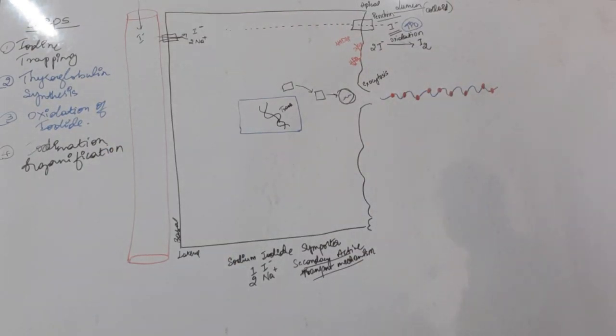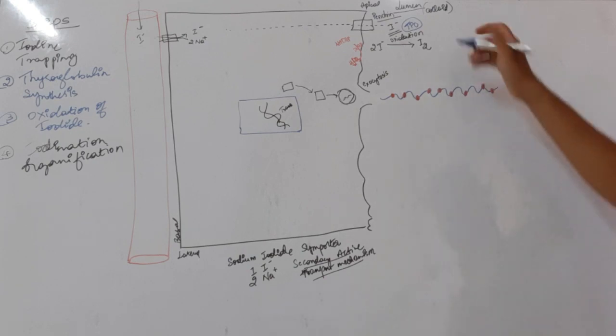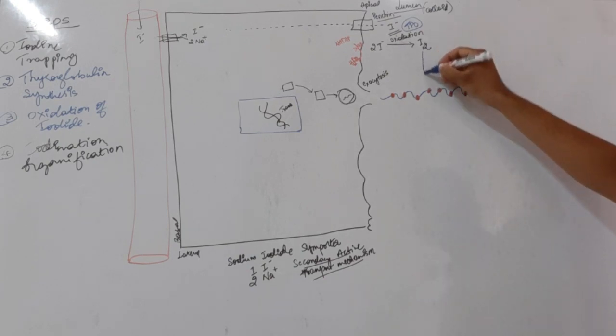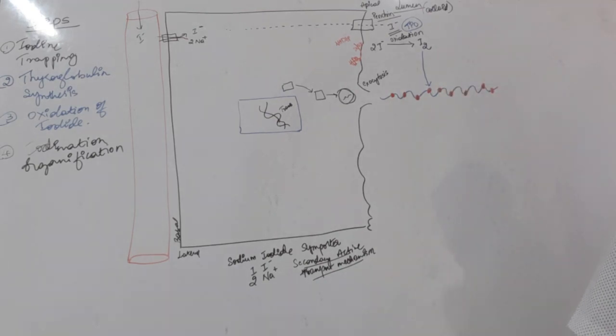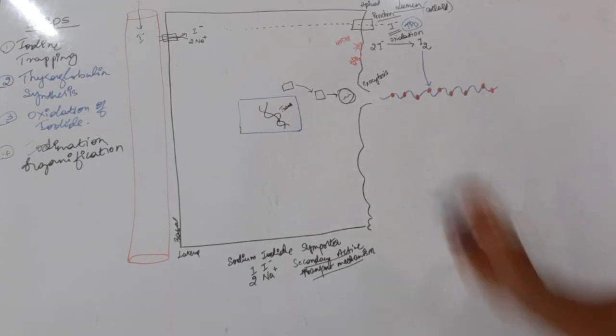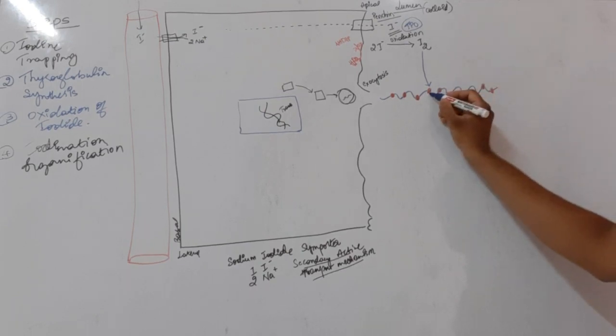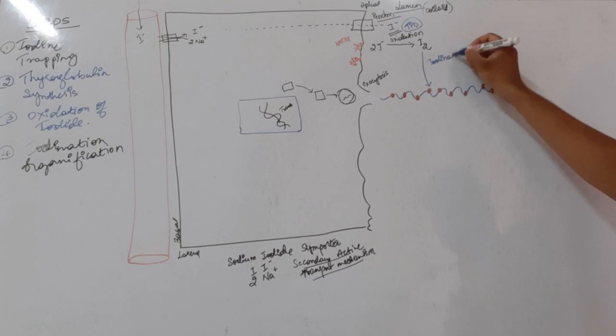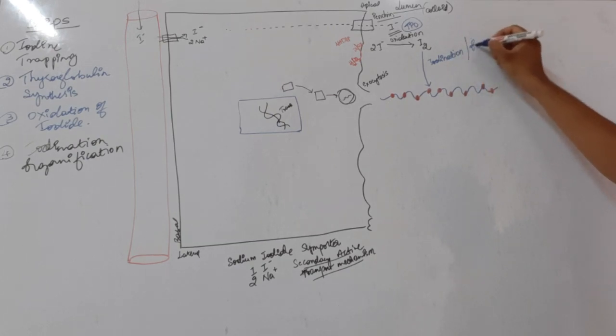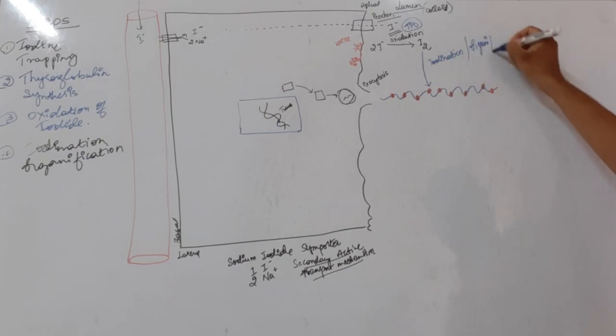That is, there will be binding of the iodine to the tyrosine residues. The process of binding of this iodine to the tyrosine is referred to as iodination, or it is also called organification.